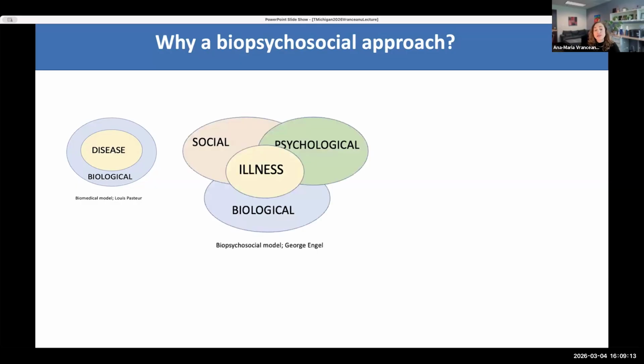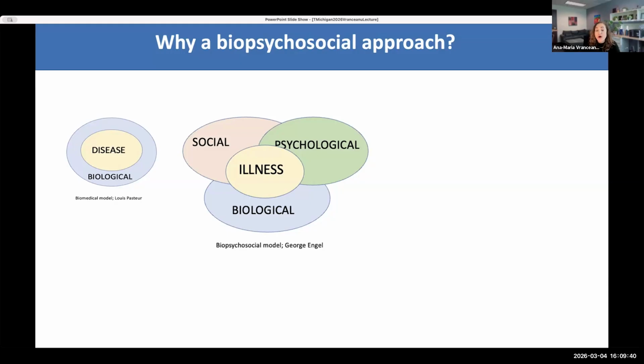So as a result, the biopsychosocial model was introduced by Engel in about 1977 to describe that the illness experience is a function of biology or disease, but also the psychological or behavioral factors. So things like coping, illness appraisal, mental health, as well as social factors such as social support and social determinants of health.